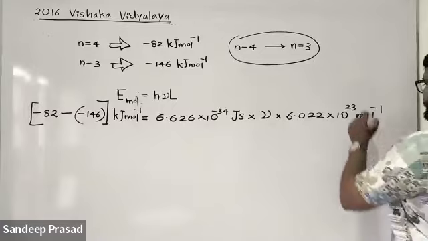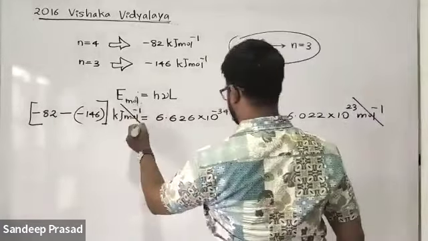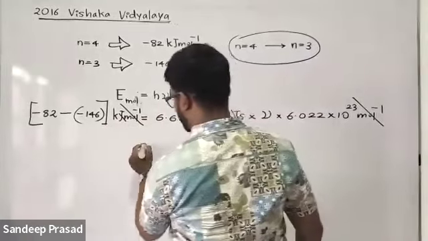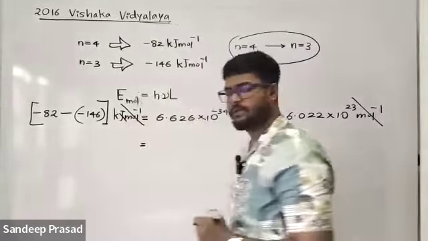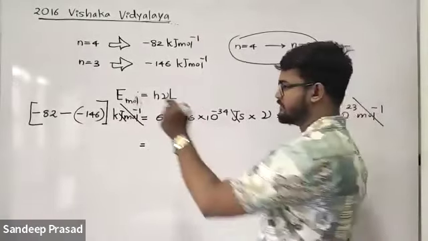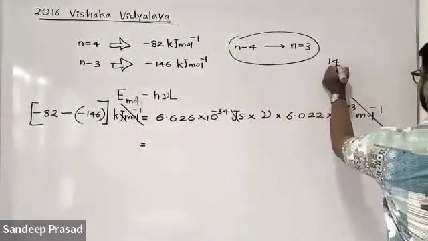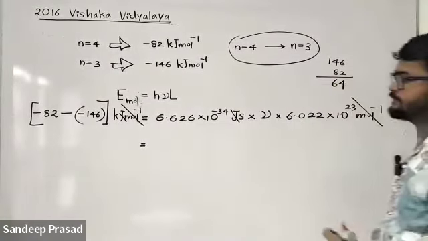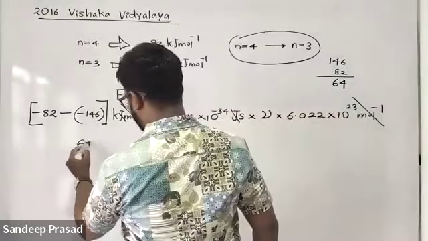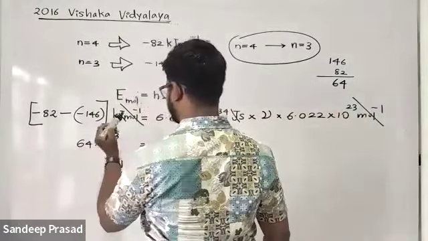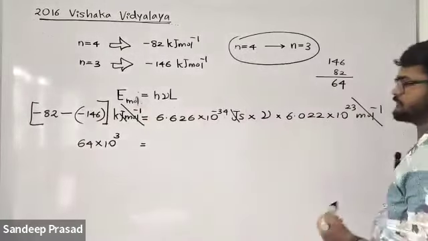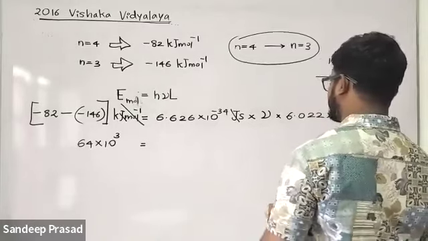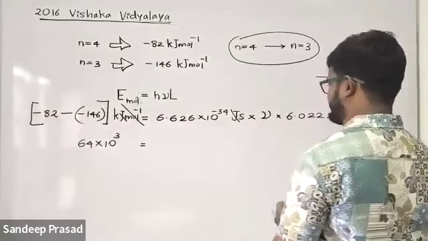Per mole will cancel off, and joules will cancel off. But remember here we have kilo, which means 10 to the power 3. First, let's simplify 146 minus 82. The gap is 64, so 64 times 10 to the power 3. The remaining unit is second.